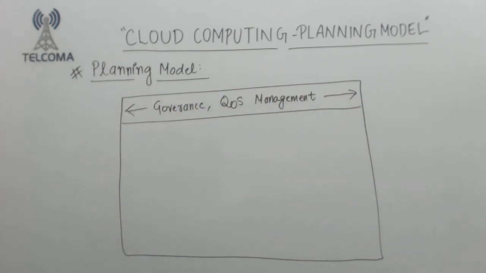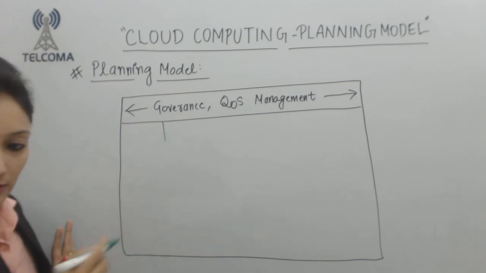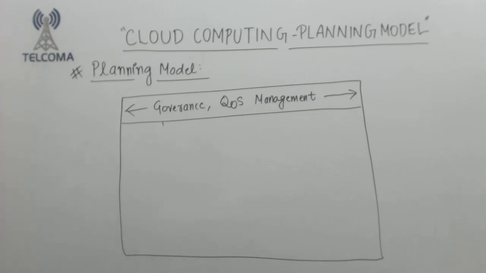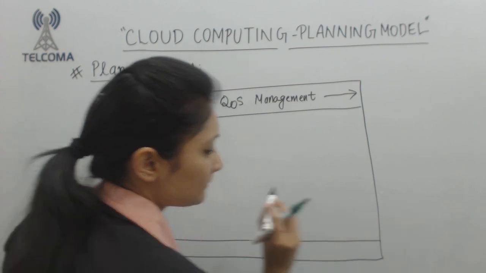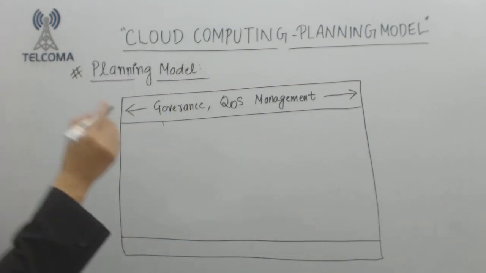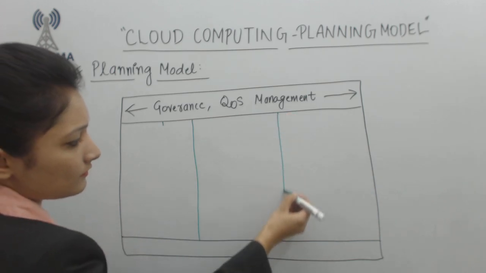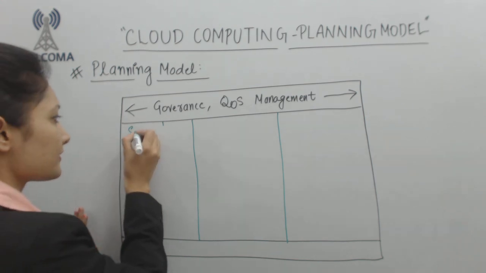Then we have three different strategies for the planning model. The first one is the strategy phase.